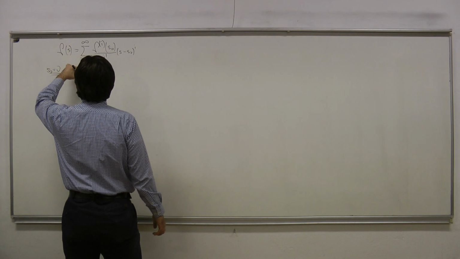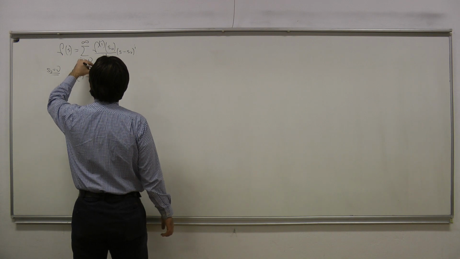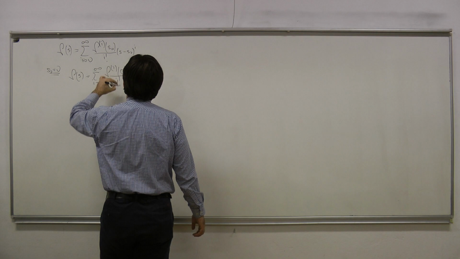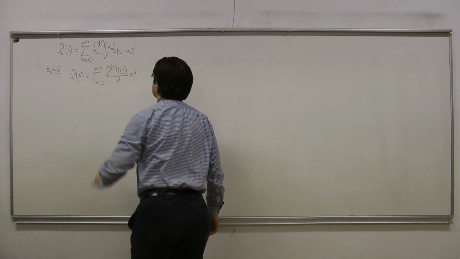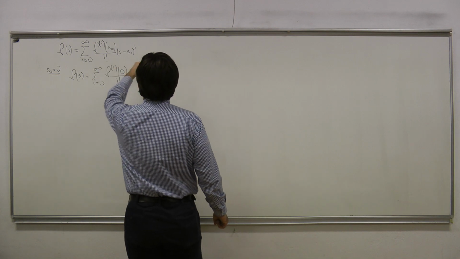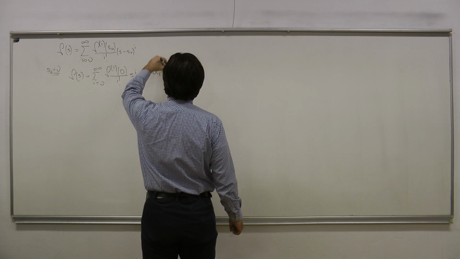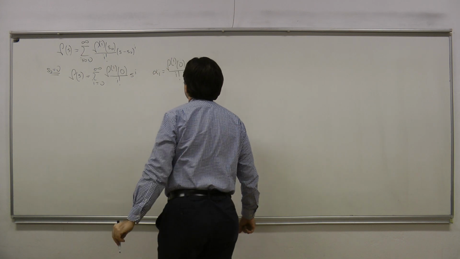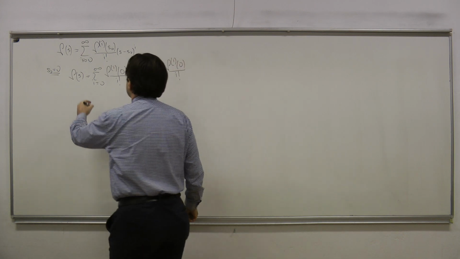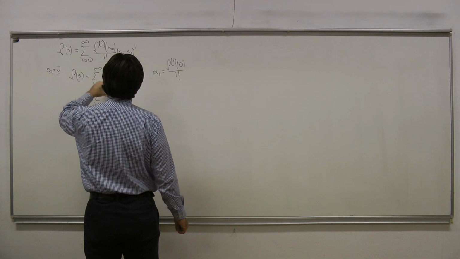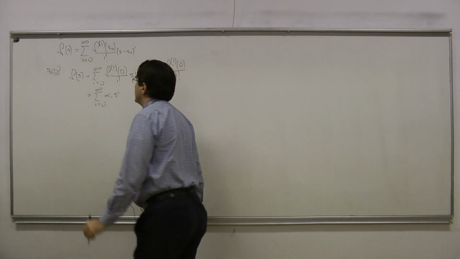That gives me f of s is equal to the sum from I equals 0 to infinity, f^(I) evaluated at 0 divided by I factorial, s to the power I. And remember, in the last lecture, I defined these alpha I coefficients as f^(I) evaluated at 0 divided by I factorial. Then this turned into the sum from I equals 0 to infinity, alpha I s to the I.